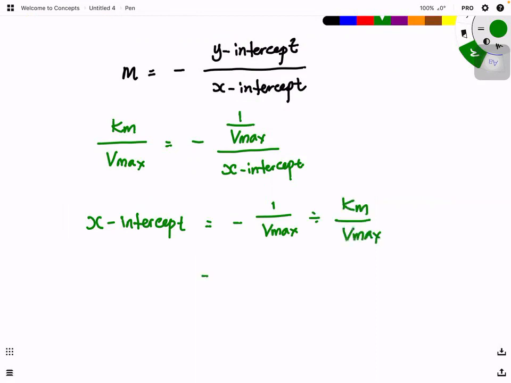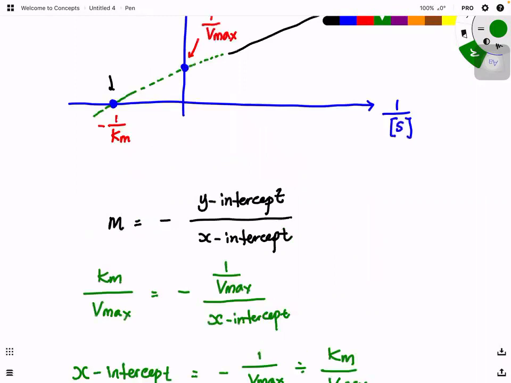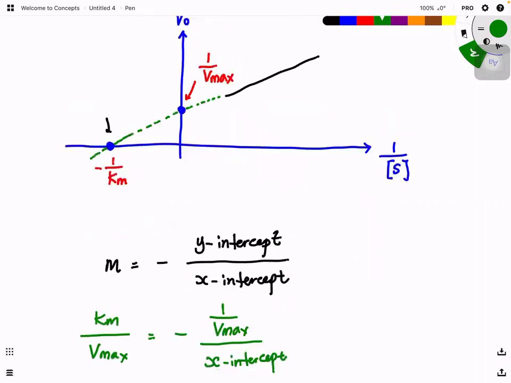And also equal to negative 1 over Vmax multiplied with Vmax over Km. So Vmax cancels, so negative 1 over Km. So now I have this value, therefore I will be able to determine the Vmax and Km.